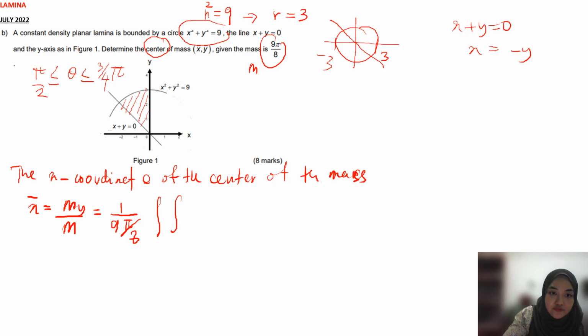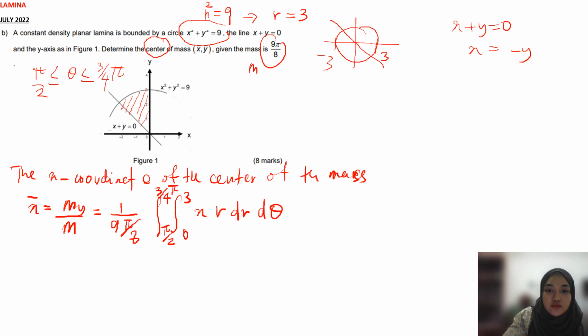So since it's for x bar, we have x, r dr d theta. So our r is from 0 until 3. Okay, we already found this one. And for theta, it's from pi over 2 until 3 over 4 pi.